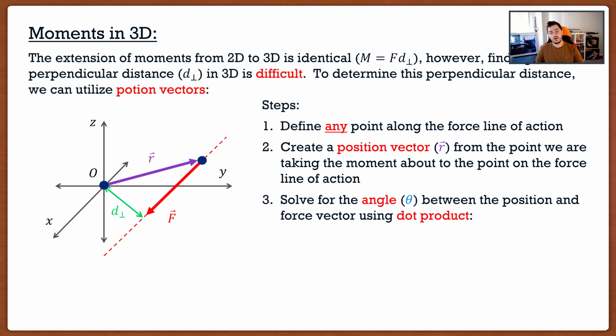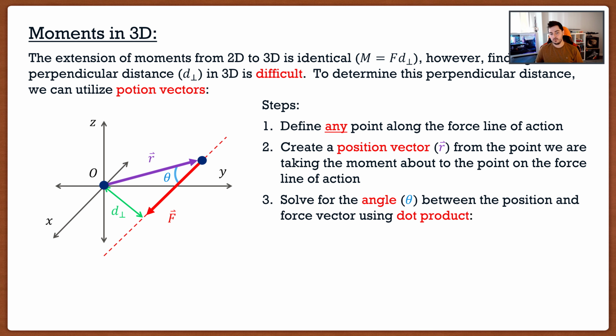From there, we talked about the thing called dot product. And dot product allows us to solve for angles between two vectors. So if I have my force vector and my position vector, I can figure out that angle theta between them. Now note on the other side, that perpendicular distance d is perpendicular to F. So we actually just formed a right triangle.